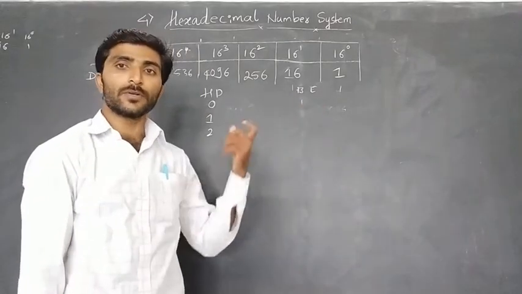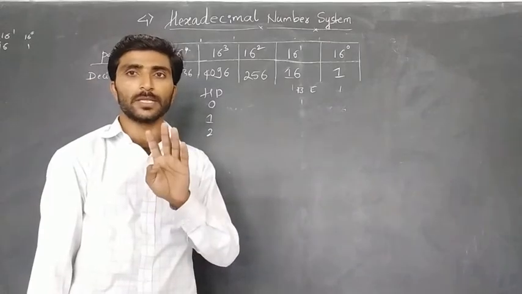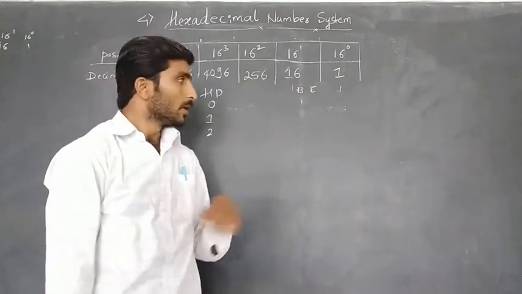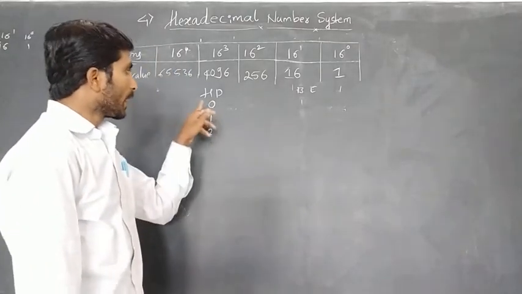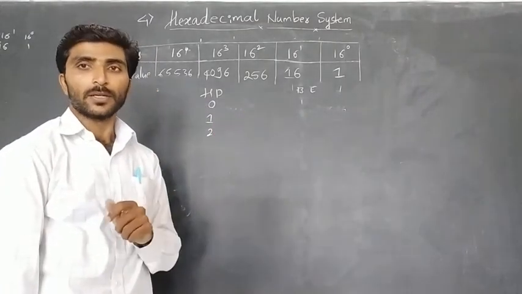To represent the hexadecimal number system, only 4 bits are required. So how do we find the value in binary?